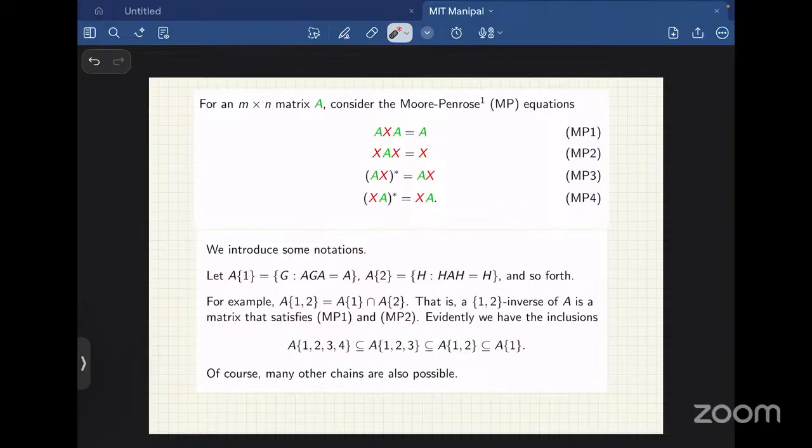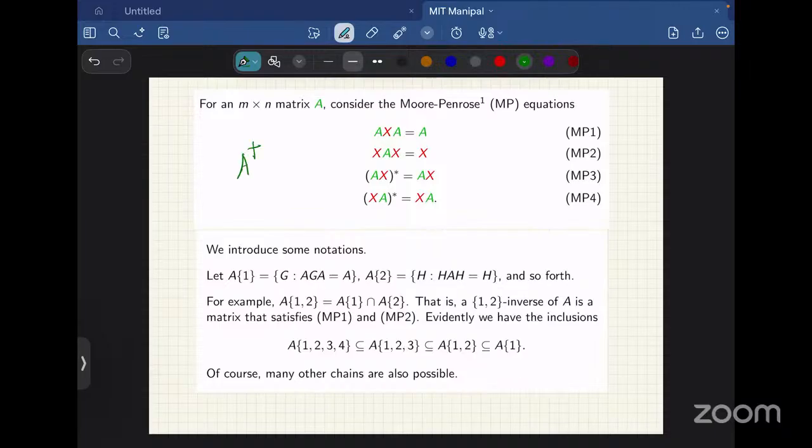So for every given matrix A, we always get an X, which is unique, which will satisfy these four equations. Such a matrix is called the Moore-Penrose inverse of A. This is a kind of inverse which is denoted by A dagger.